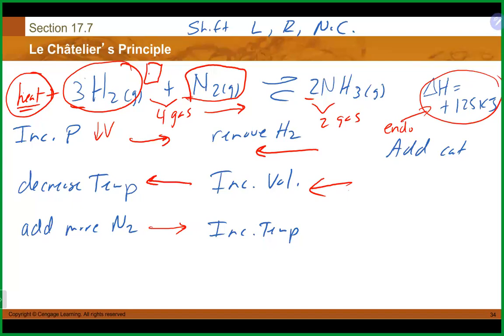If I increase the temperature, because it's an endothermic reaction, that would be like adding more reactants, which would cause the forward direction to occur, and it would shift away from it, which means it would go to the product side. And lastly here, adding a catalyst will mean that no change will occur in this case. Any questions on Le Chatelier's principle?